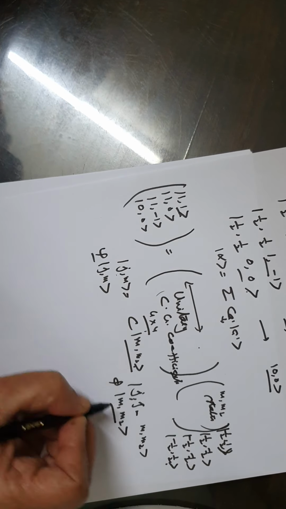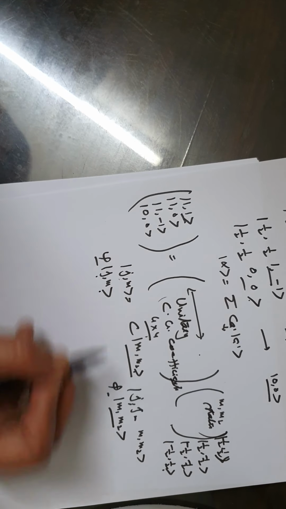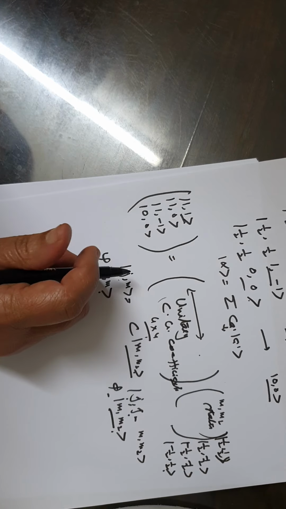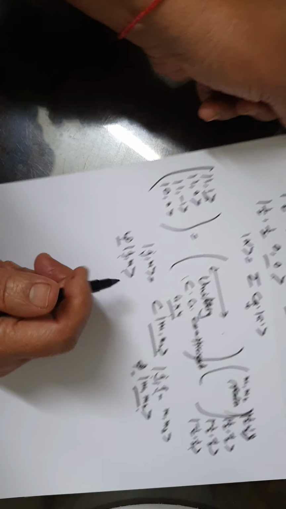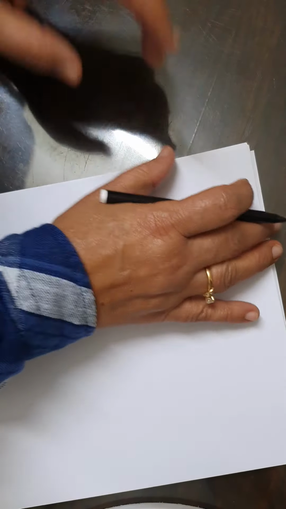So this is just to overcome the confusion, because I will be writing only the values of M and M1 M2. J1 J2 are understood as 1 by 2, 1 by 2. First of all, let's consider the states. The first state was the 1 1 state.